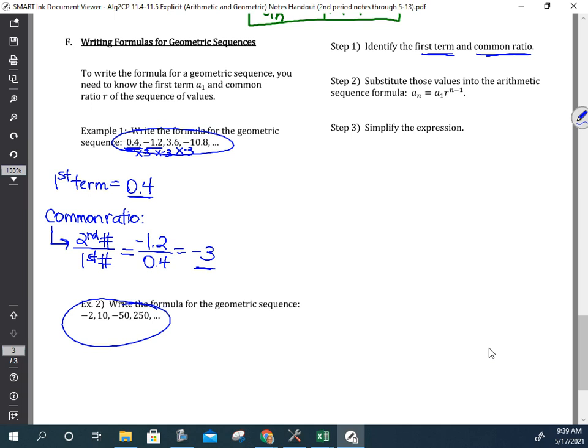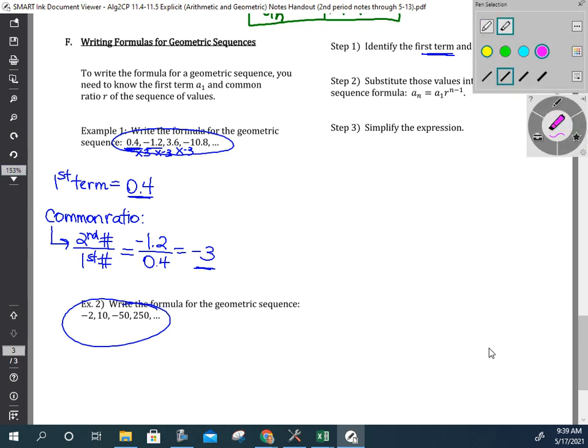That's for example 1, that's -3. Example 2 wouldn't be -3. The process is the same, but the actual number is not going to be the same. So you have to understand the process. It's not going to be the exact same number.